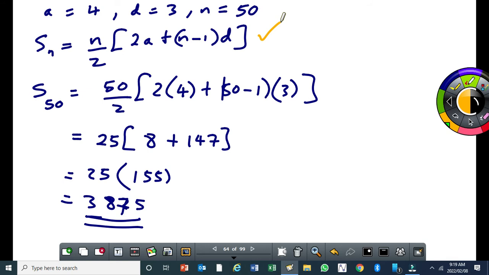Sn equals n over 2 times 2a plus n minus 1 times d. Always write the formula first before you substitute, because there are times when the formula can be awarded a mark. Then you substitute. Where there is n, you put 50. Where there is a, you put 4. Where there is d, you put 3. The rest is just simplification, which is not grade 12.